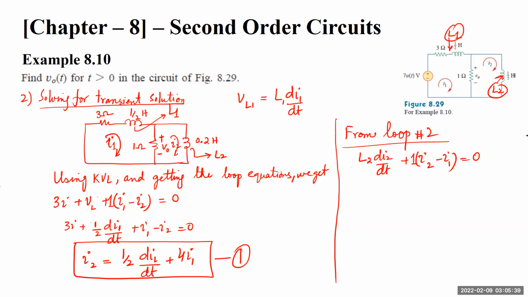So overall, we get 1 by 5 di2 by dt plus I2 equals I1. So this is my equation number 2.